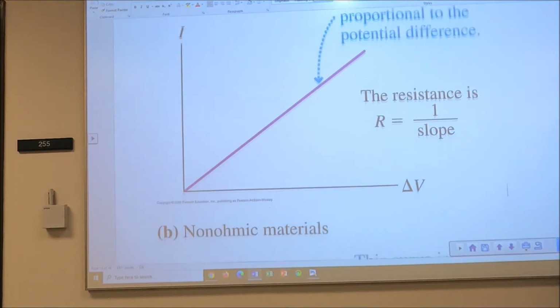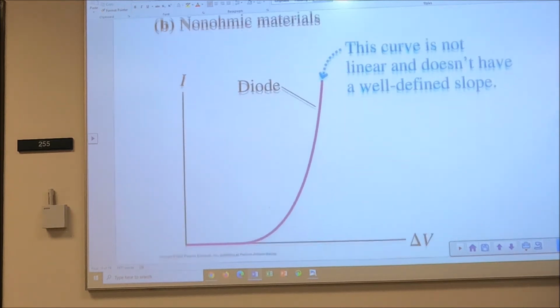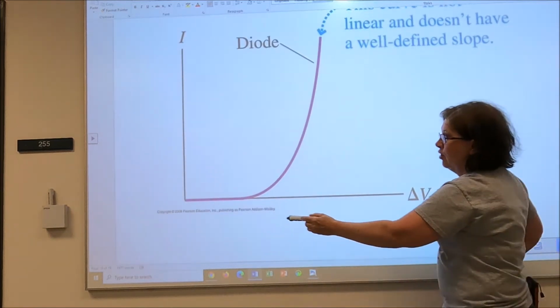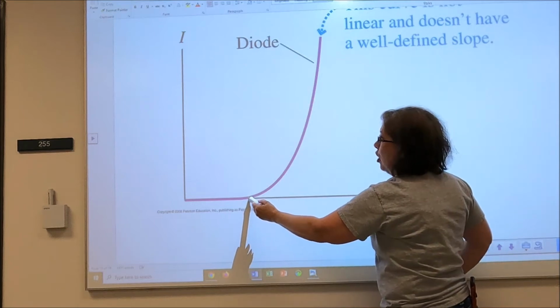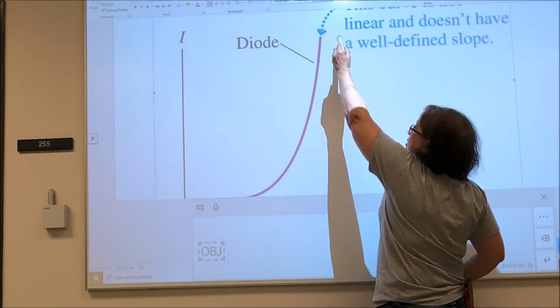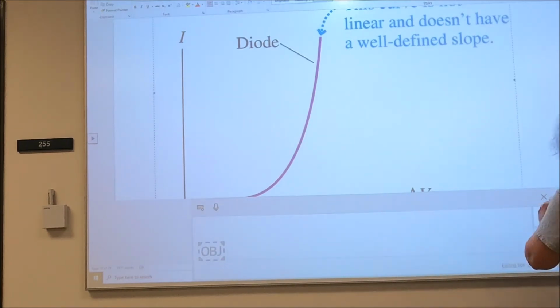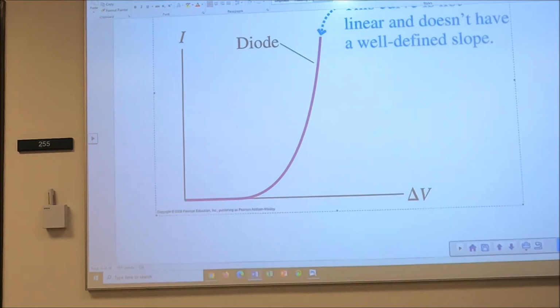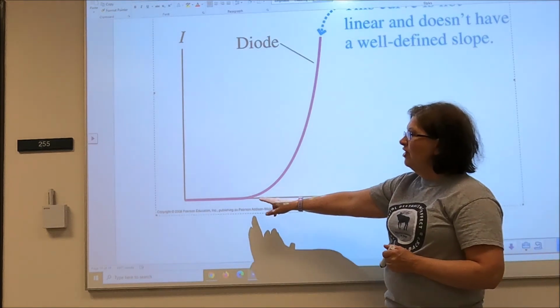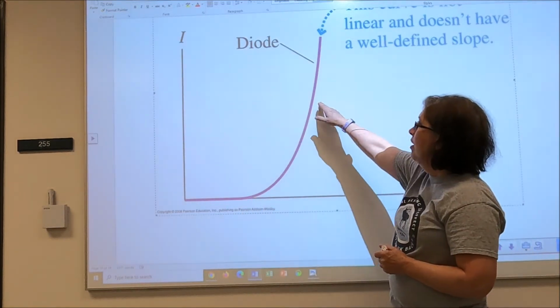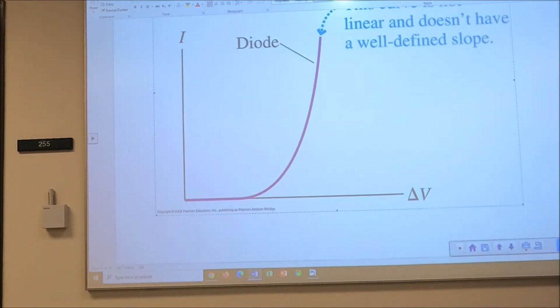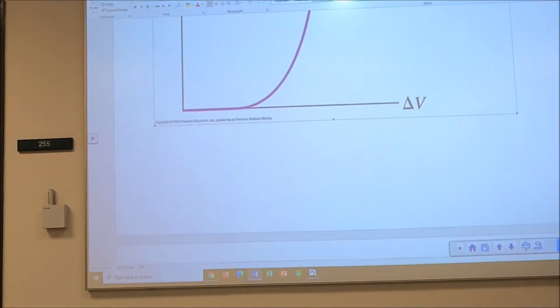In a non-ohmic material, like a diode, with increased potential, no current flows, and then all of a sudden, current takes off. And notice that's not a linear relationship. Diodes then can be on-off switches. Under certain voltage conditions, no current flows. Under other voltage conditions, you get high current flow.